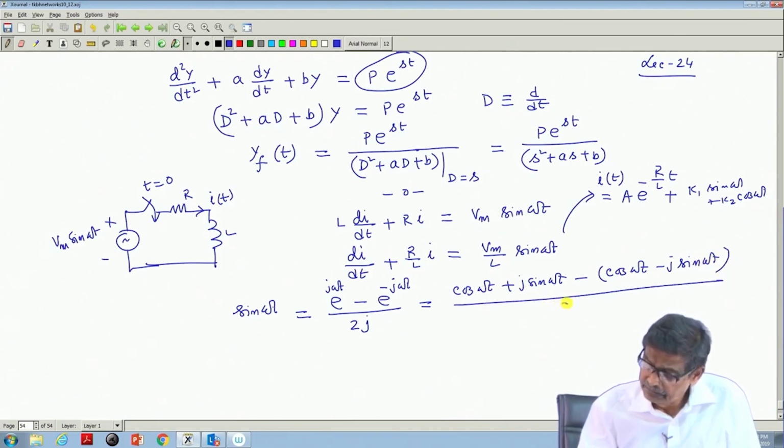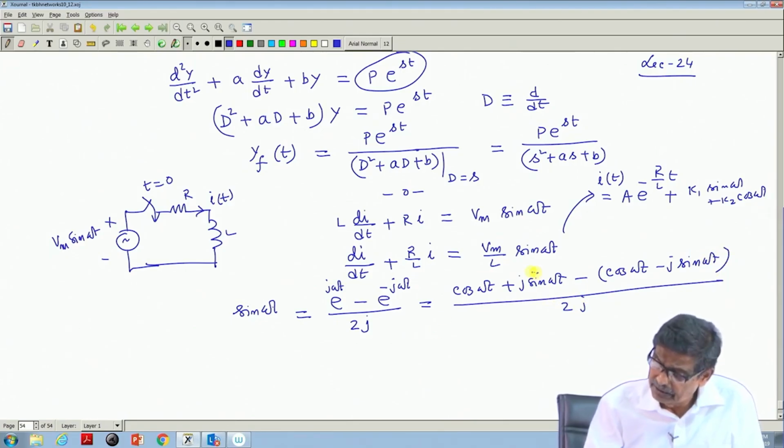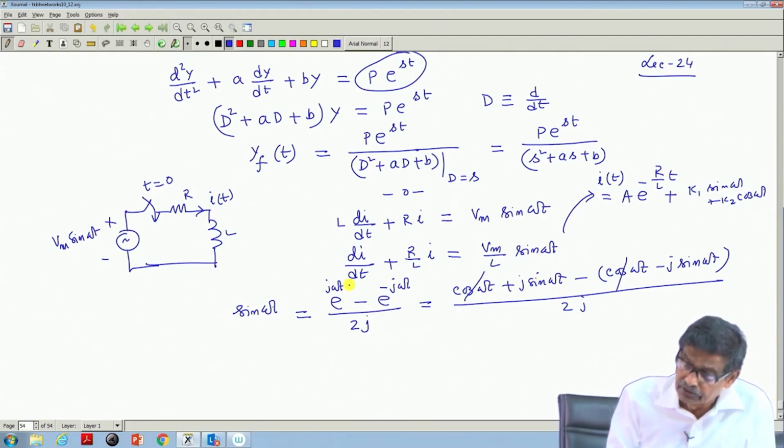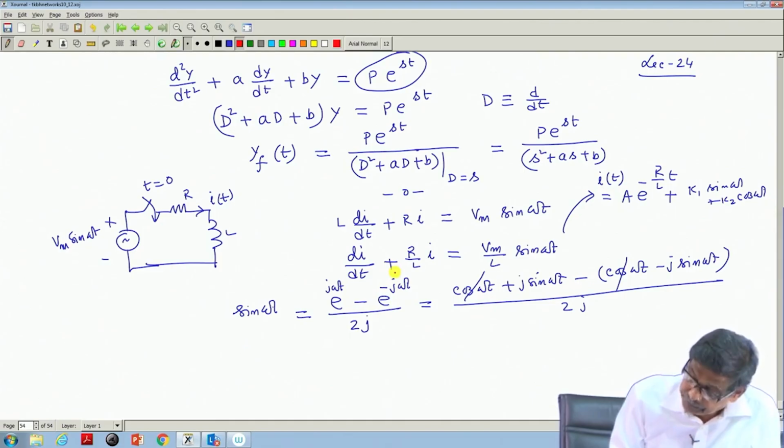If you put this by 2j, on the top this term will cancel, 2j will cancel, and give you sin omega t. So, this is the important thing.